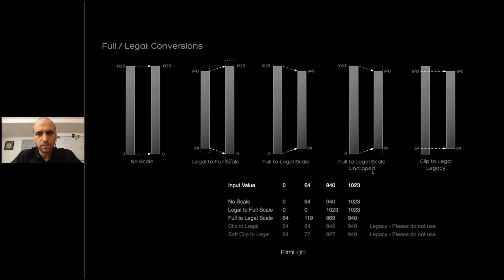So then it will automatically clip to legal range for all display referred renderings, which is typically what you want because these are final deliveries, but it will not clip for scene referred deliveries because these are intermediate renders that go to visual effects or into an archive. So generally, I would say use a mastering color space and use full to legal scale unclipped.